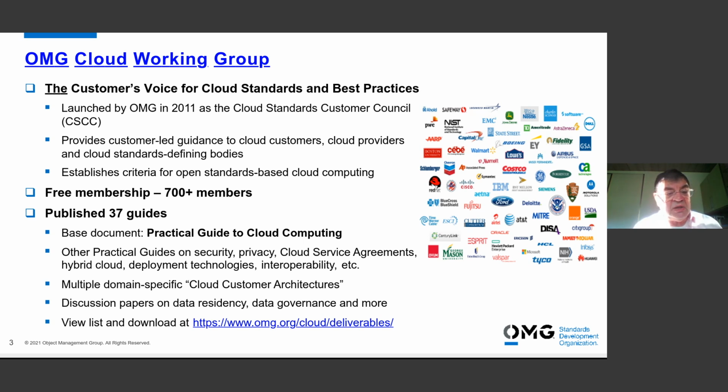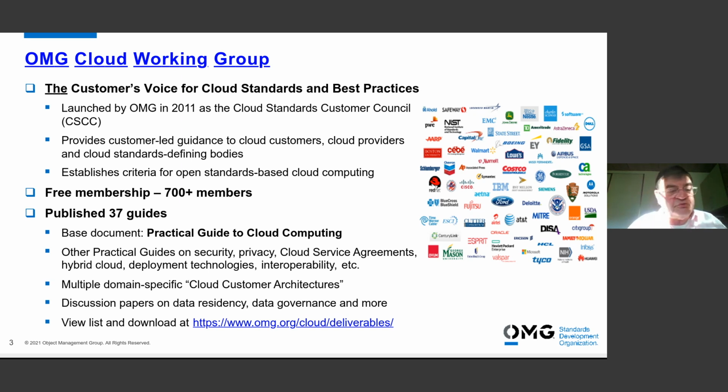In 2018, the CSCC changed its name and became a working group within the Object Management Group called the Cloud Working Group, or CWG. Membership is free. We currently count about 700 members.